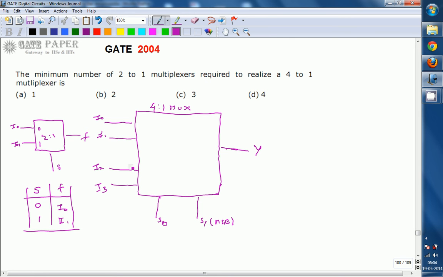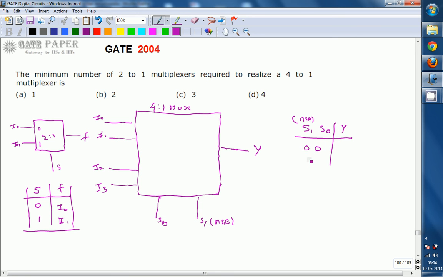Now we are going to implement this 4 to 1 multiplexer, and we know the truth table for it. The truth table of the 4 to 1 multiplexer is based on the combination of S1 and S0, where S1 is the MSB and S0 is the LSB. Based on the select lines, Y is chosen.